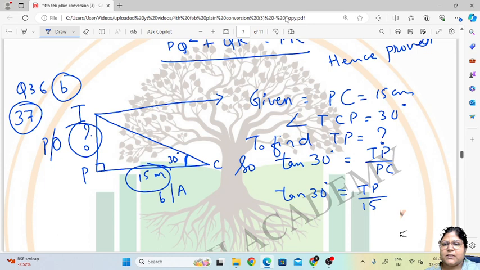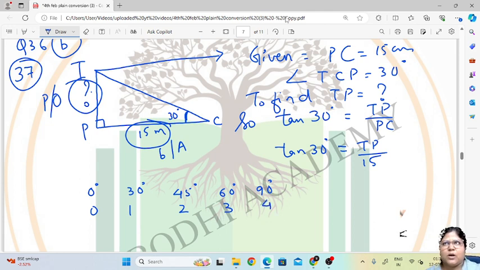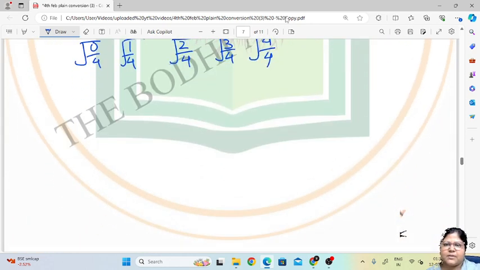To find this, in short, I'll tell you one trick. Only when your exam starts, then you can make the table. 0 degree, 30, 45, 60, 90 degree. You will write 0, 1, 2, 3, 4. Otherwise, first you can remember for the sine, and then cos is just the reverse of that. I do it this way. Dividing each by 4 and then taking the root of each number gives you the value of sine first.